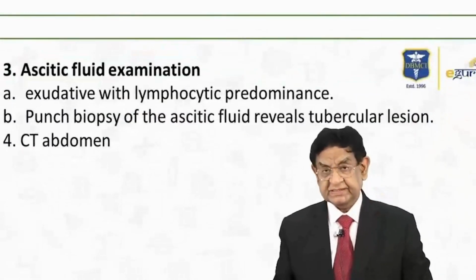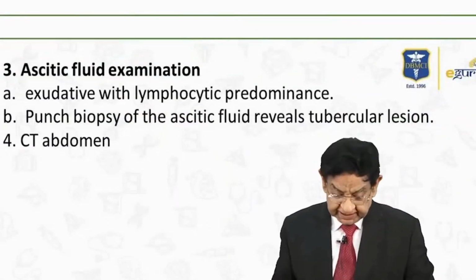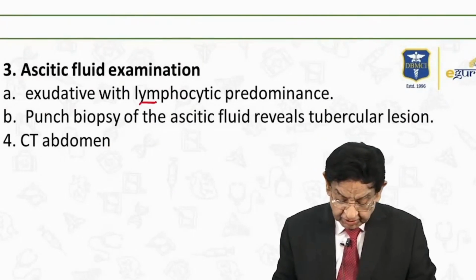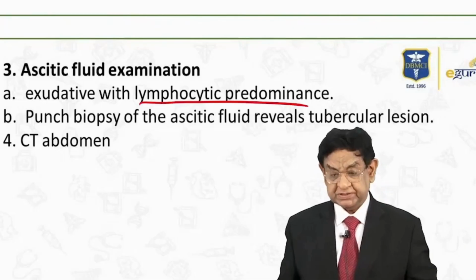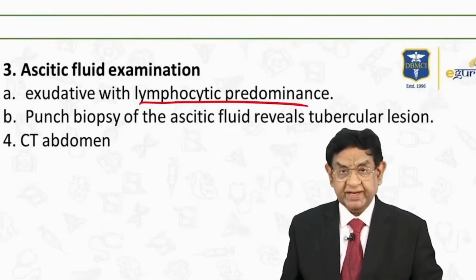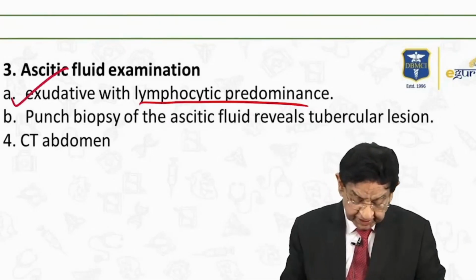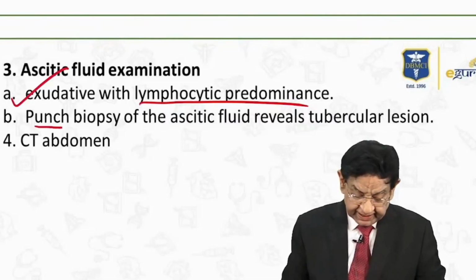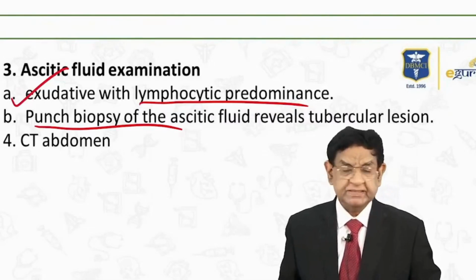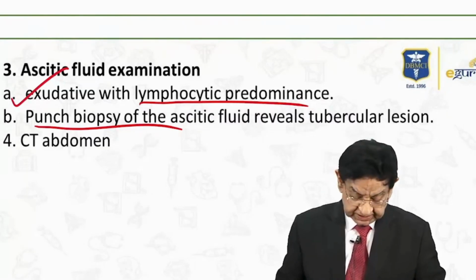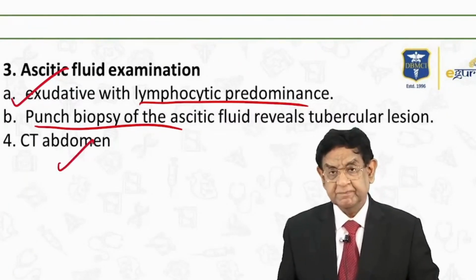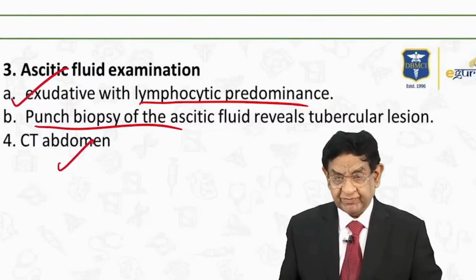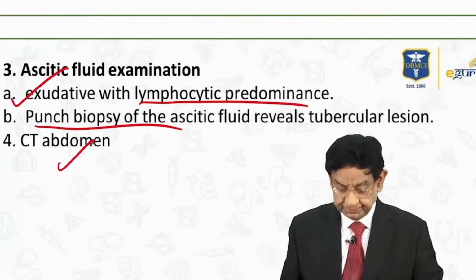As far as ascitic fluid is concerned, it is an exudate, with lymphocyte predominance, and protein levels are very high, which are the features of exudate, and we can take a punch biopsy in some cases. CT abdomen is going to help us by showing the lymph nodes also or ascites also.